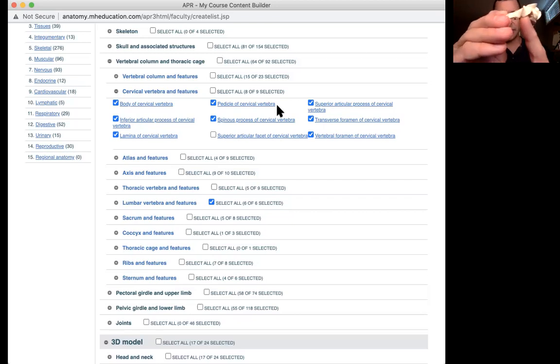The one that I'm pointing to right there, the tip of my finger, is the inferior articular process of the cervical vertebra. Conversely, that's the superior articular process of the cervical vertebra.